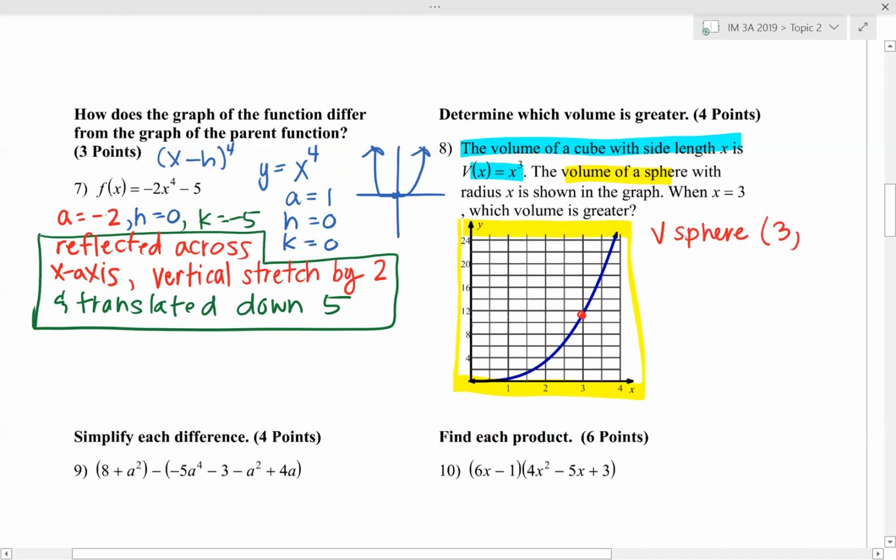Let's say, so if this is 8, this is 10, so that's about 11. We'll just say that it's 11. So it's going by 2s. It's between 10 and 12, so we're going to say the volume of the sphere is 11.